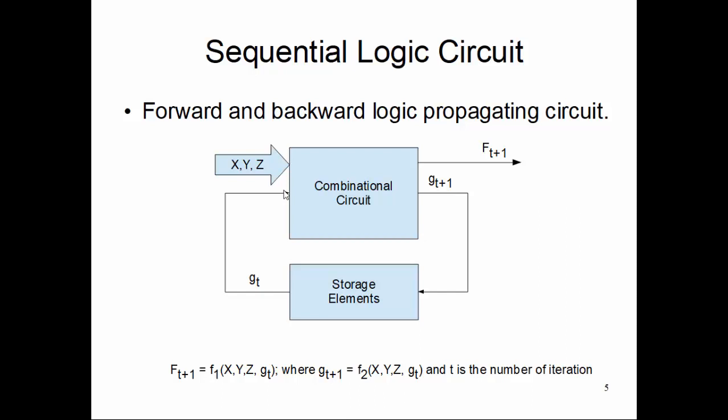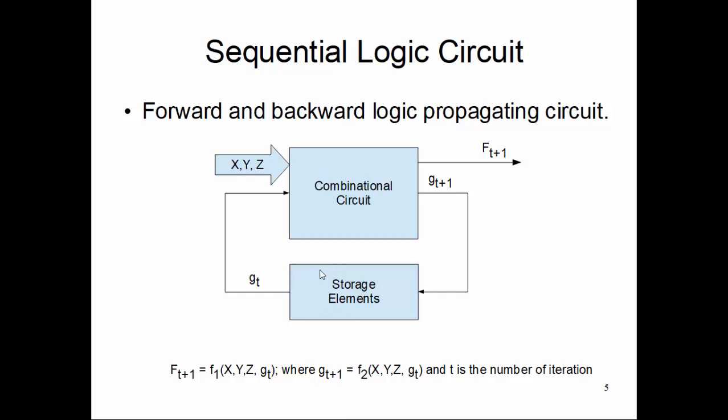What is a state? State is a value stored in a storage element at one time point, at any time point. Okay, at any time point, the value stored inside the storage element. That's called a state. An initial state is that set of logics stored in the storage element when you power up this circuit.